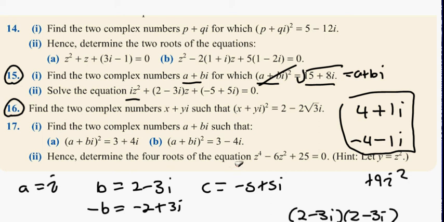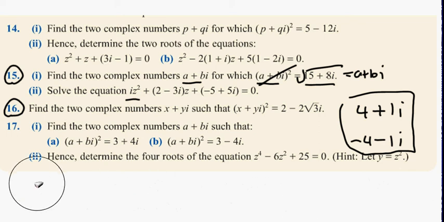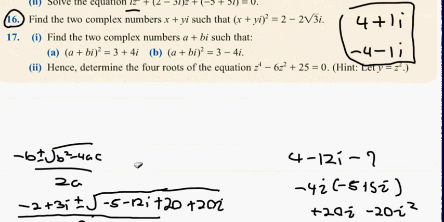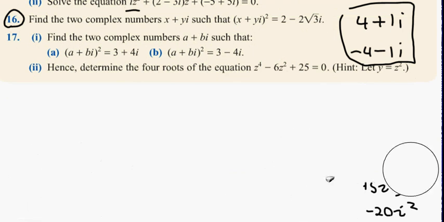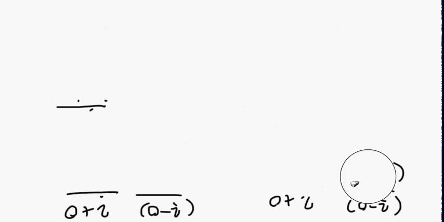We might figure out what question 16 is before we leave. So question 16: find two complex numbers x plus yi such that x plus yi squared equals 2 minus 2 root 3i. Okay, so let's figure out how to do number 16.